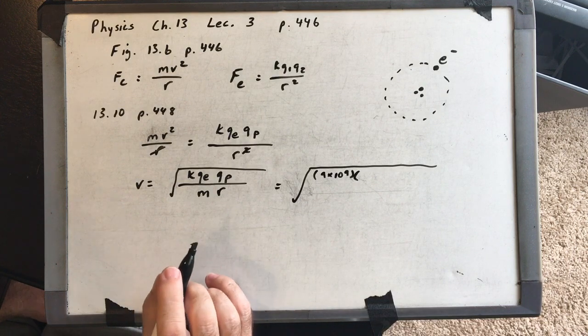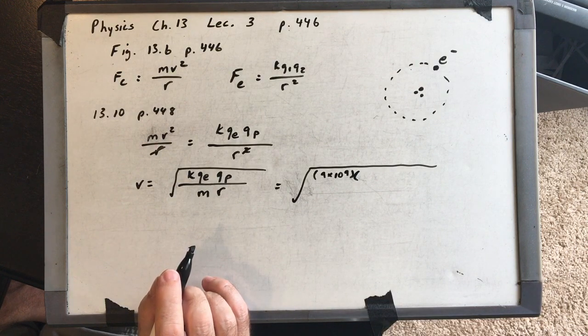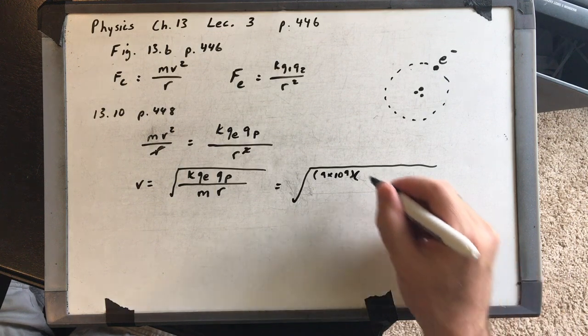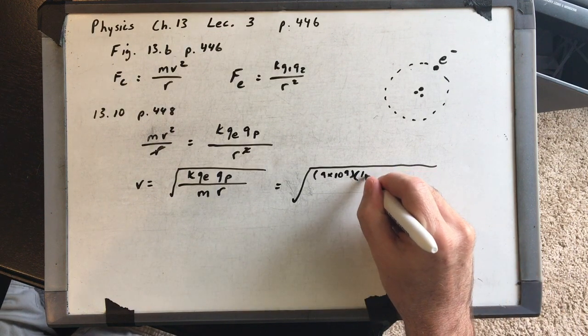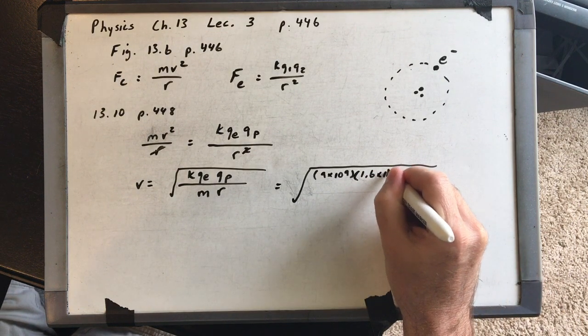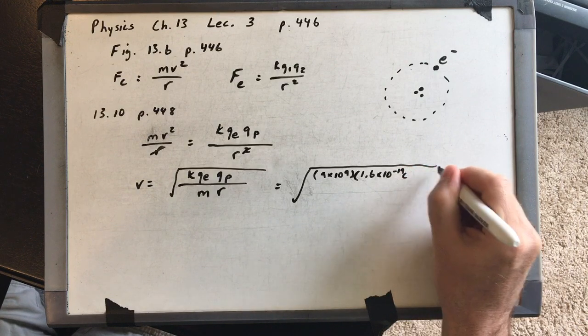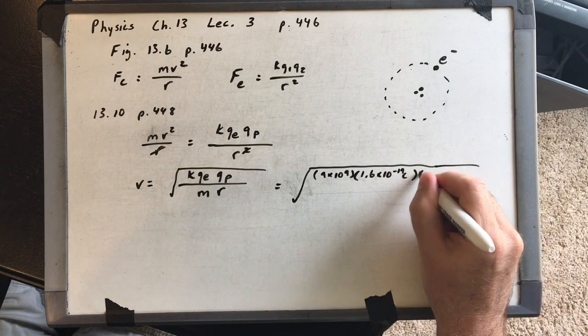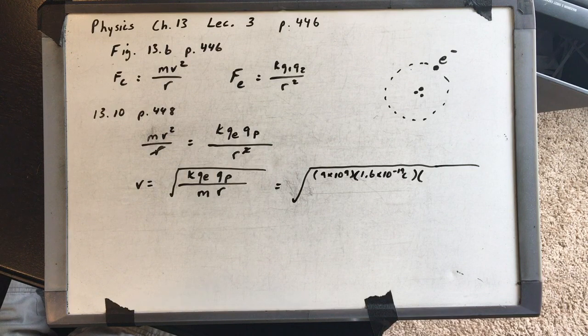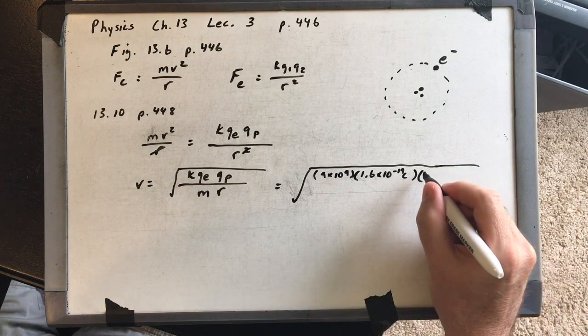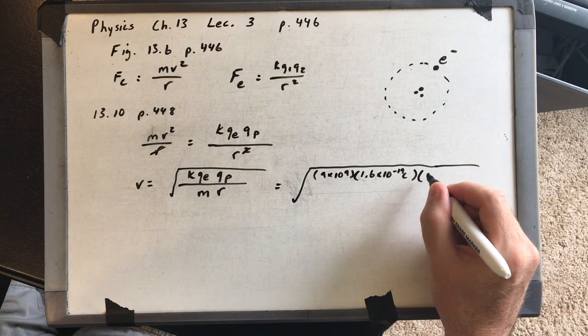It gives you that the charge of an electron is negative 1.6 times 10 to the minus 19, but we don't put the sign, so you're just going to put 1.6 times 10 to the minus 19. Helium has 2 protons. Okay, so we have to add the charge of each proton together.